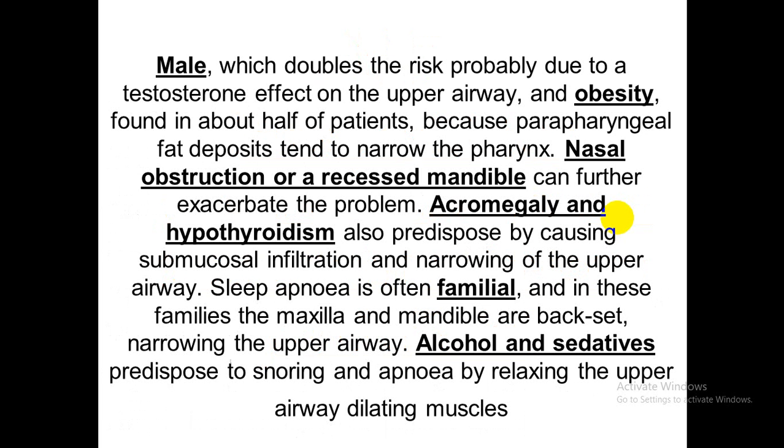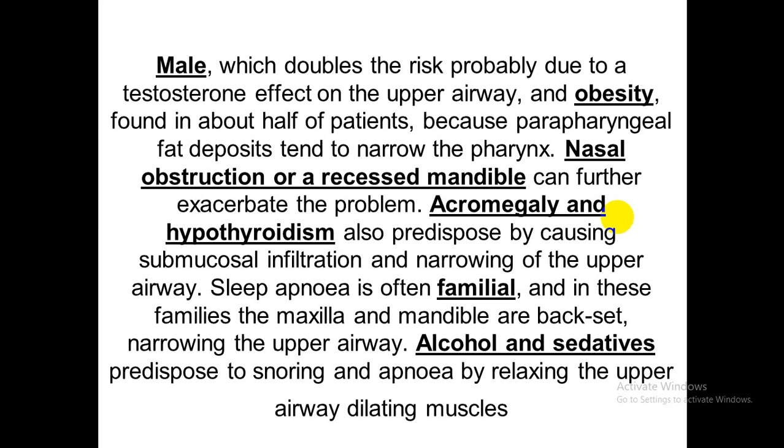Mostly males are liable because of hormonal changes, the effect of testosterone causing upper airway hypertrophy. Obesity is also a very important factor, increasing nasopharyngeal fat deposition, which leads to a narrow pharynx and therefore sleep apnea.